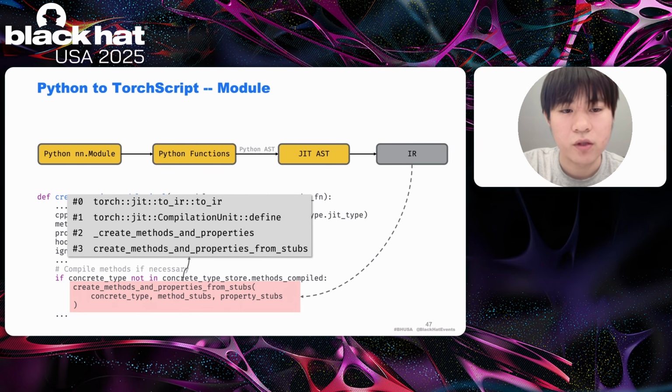Both eventually finish the conversion into IR. Now the model compile process is done. Overall, some key steps are the same as for function. Both use getJIT_def to convert Python to JIT_AST, then convert it to IR through toIR.